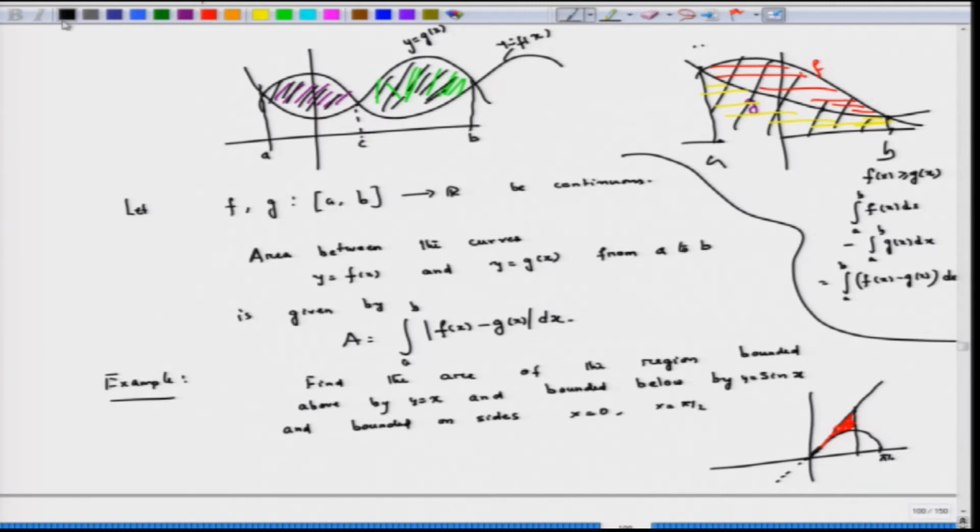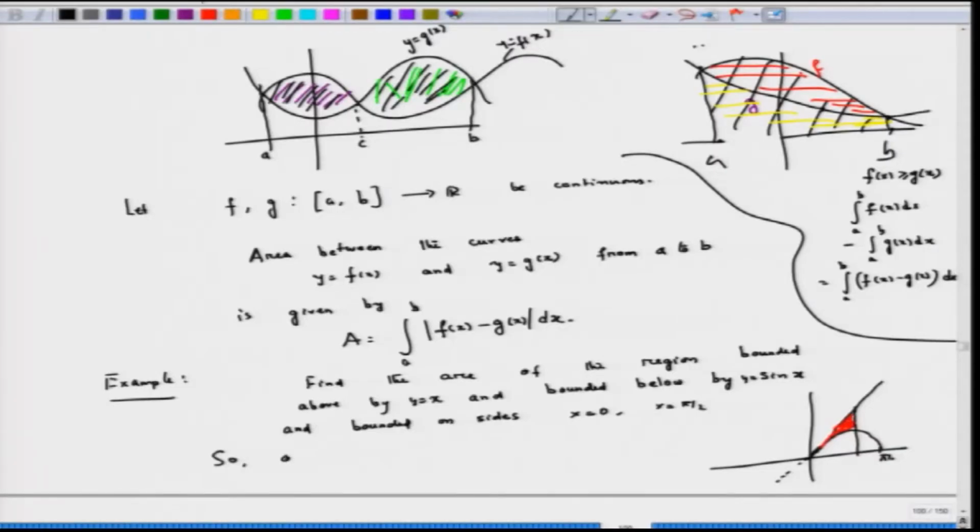By our formula, we know that in this region x is always greater or equal to sin x. So, the area is the integral from 0 to pi by 2 of x minus sin x dx, that you can easily compute. This is x squared by 2 minus cos x from 0 to pi by 2. I think what you are going to get is pi squared by 8 minus 1 maybe.